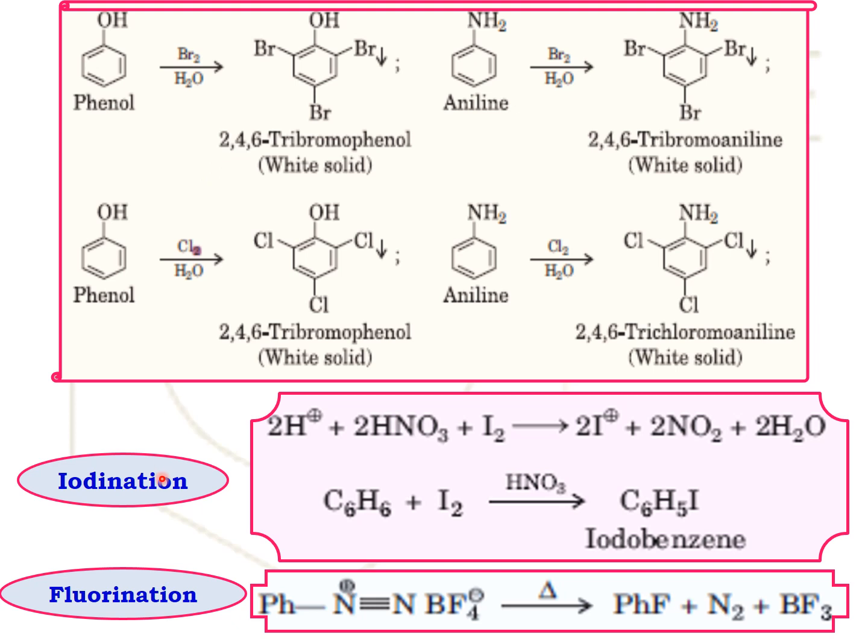Similarly, we can do fluorination also, but direct fluorine molecule substitution is not that easy, because fluorine is found to be very reactive. So direct fluorination is not feasible at all at normal room temperature.